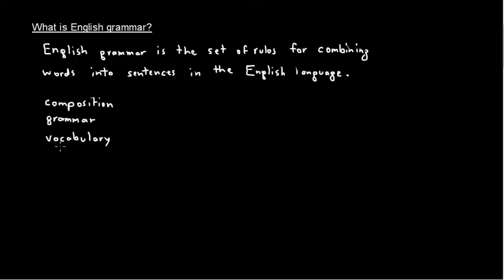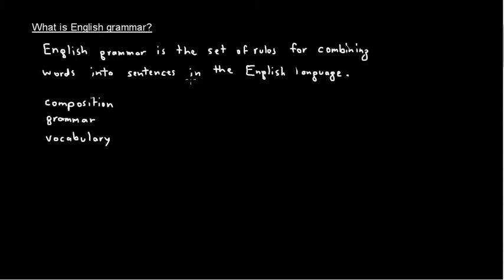The study of vocabulary, or lexicography as a fancier name, figures out which words we use in English, and we take all those words and put them into a dictionary, which is an alphabetical listing of all the words, or into a thesaurus, which groups them according to meaning. It's a kind of dictionary, or even something like a rhyming dictionary, which groups them according to what sound they make at the end. But that's all the study of vocabulary.